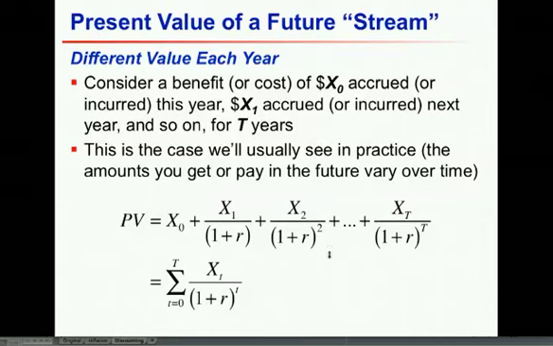You can also put that in summation notation: the sum as little t goes from 0 to capital T of X sub t divided by 1 plus r to the little t power. That's how you do the present value of a stream of costs or benefits.